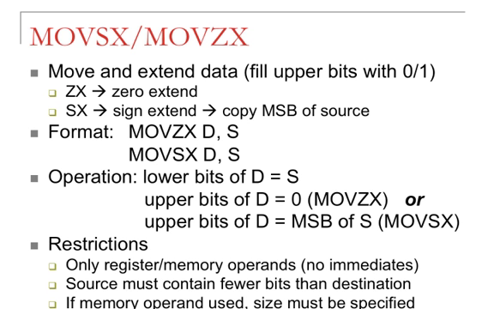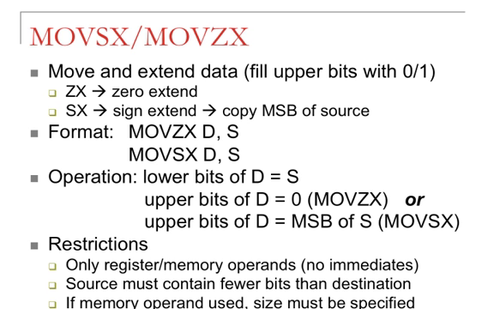The format is similar to the plain move instruction. Now we have MOVZX, D stands for destination, comma, S. And then we have MOVSX, destination, comma, source. The operation is, as I said, including two steps. First is data copy. It's going to copy the source into the lower bits of the destination.